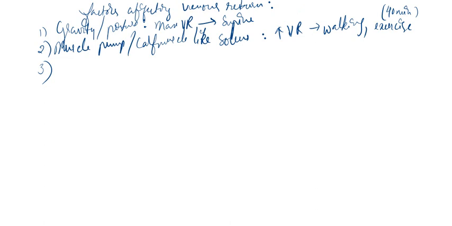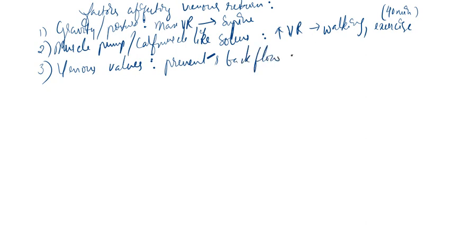Now the third factor is the venous valves. Why? Because these valves prevent backflow. Once blood flows forward towards the heart, towards the cardiac region, the valves prevent the backflow, right? It's as simple as that. Now inspiration is also important because there is a negative intrathoracic pressure.